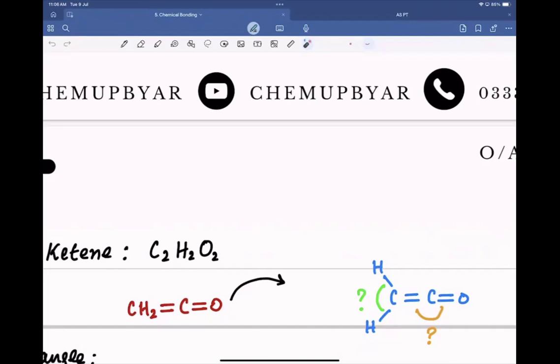The yellow one is going to be 180. Very good. And the green one is going to be 120. Very good. So what would be the shape of the carbon having the green angle of 120 degrees?